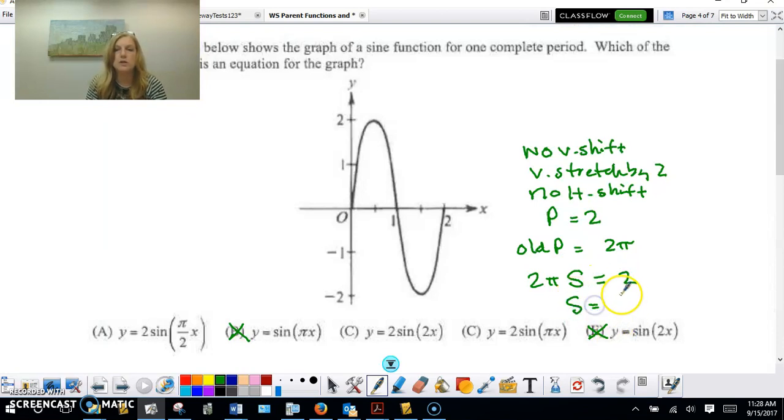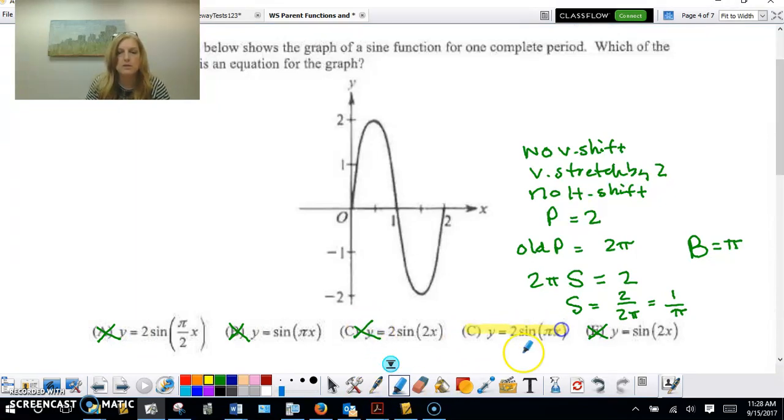So your stretch or shrink is 2 over 2 pi, or 1 over pi, which means that in the actual equation, remember because of the flipping that we're always doing the reciprocal, the coefficient B would have to be pi, the reciprocal. So we can eliminate this, we can eliminate this, so our answer for this problem is going to be C.